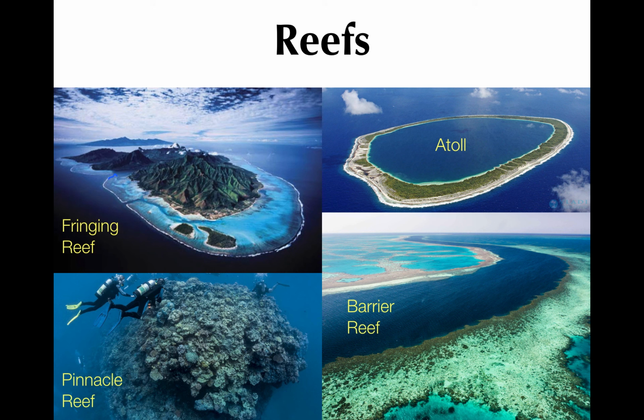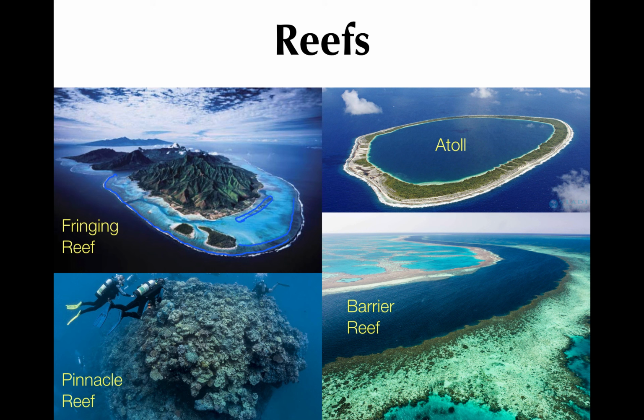You can see all along this reef the waves are breaking. That's why we have whitewater there. The reef itself is this darker area here, and then there's some other reef buildups towards land, and they are fringing this island.